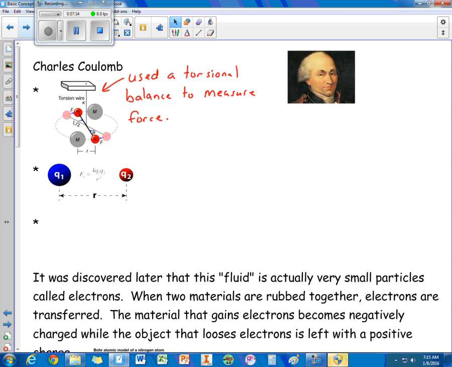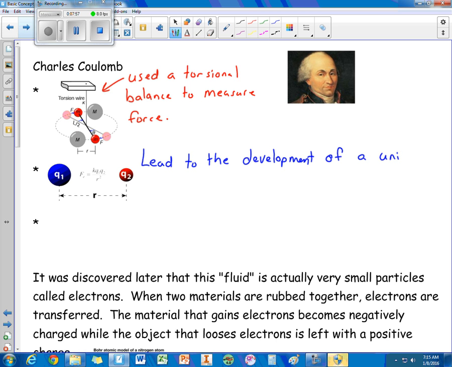Up until this point, scientists were just experimenting around and seeing what these forces were like. They didn't actually have a unit for anything. Now, in Coulomb's honor, we have named this charge the Coulomb.